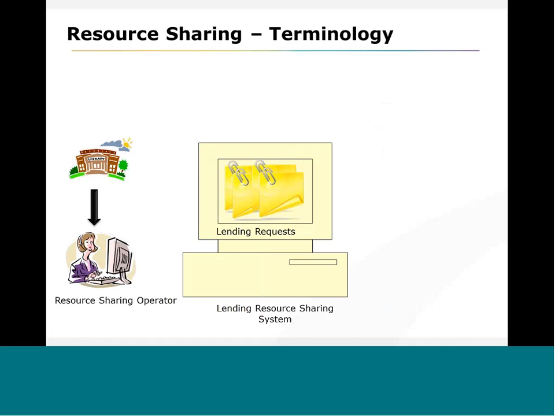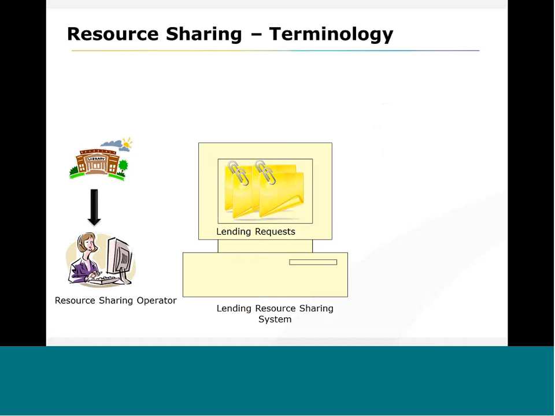So on this side of the process we have another resource sharing operator, at the lending institution, interacting with the lending resource sharing system, but this time this operator is in charge of fetching the resource that has been requested and making sure that it's shipped away to the requester, the borrowing institution that has requested this resource.